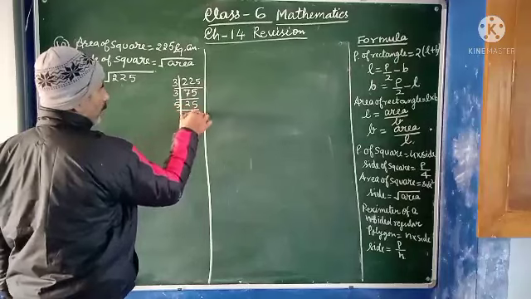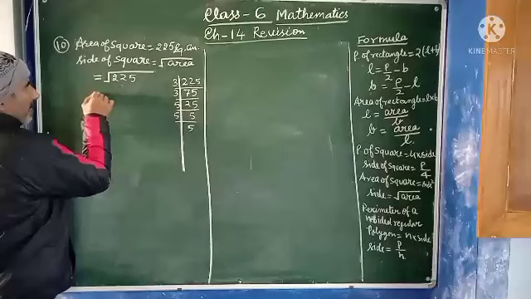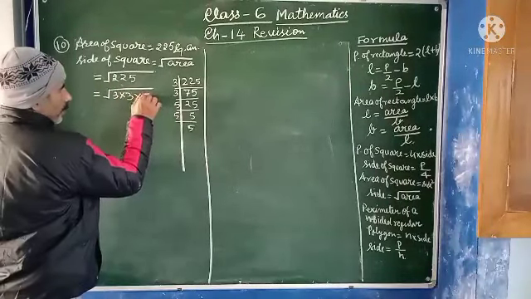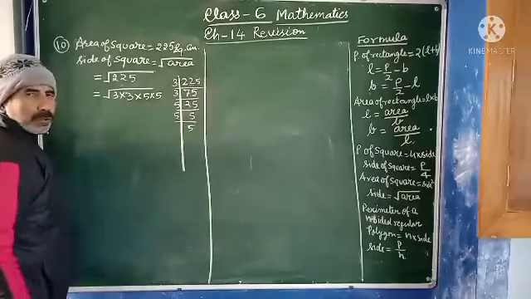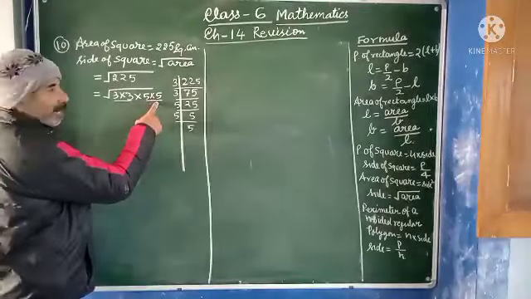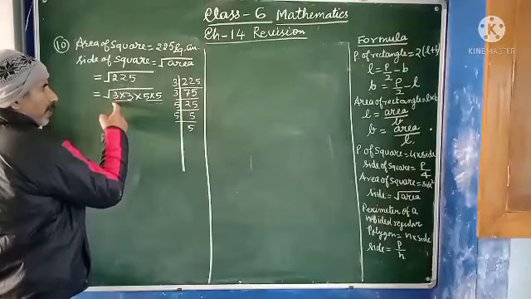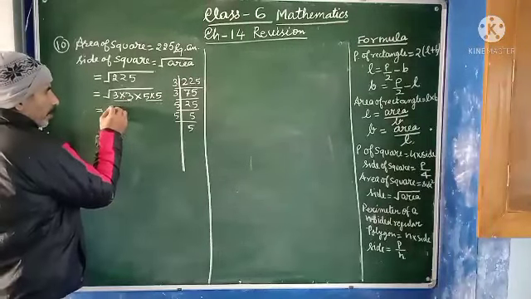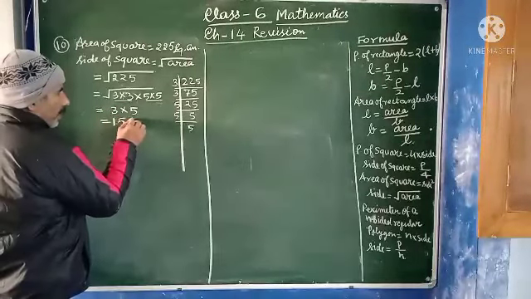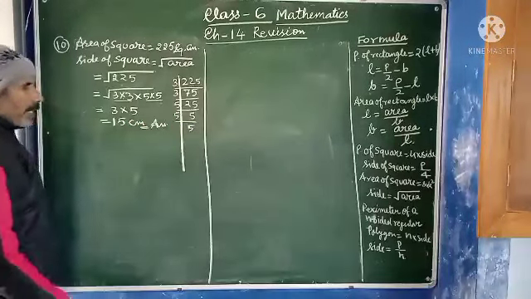Then by 5, then again by 5. So first of all you find the prime factorization and write it. Then you make pairs of the same factors. 5 5, you make one pair. Then 3 3, you make one pair. Then you take one number from each pair. 3 into 5, that will be 15 centimeter. This is the side, so this will be the answer.